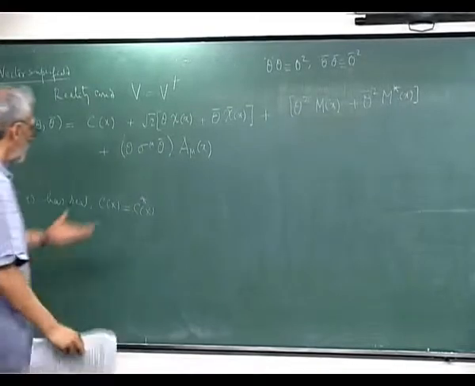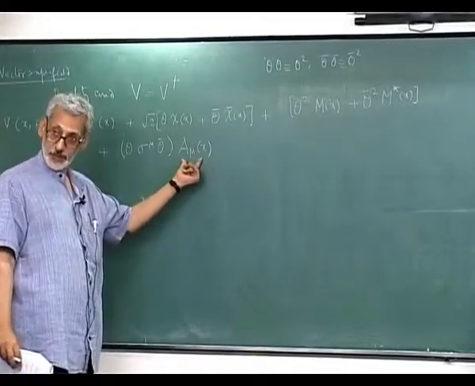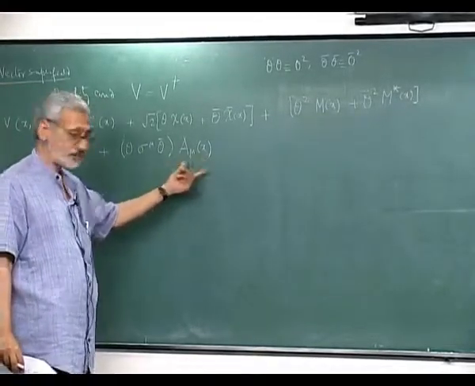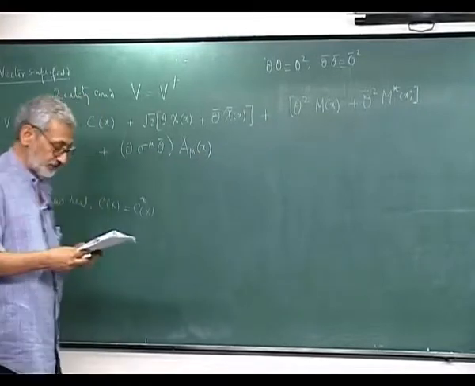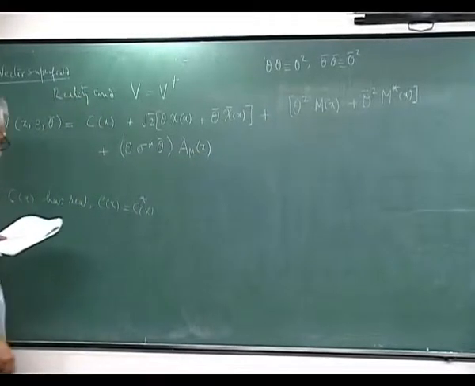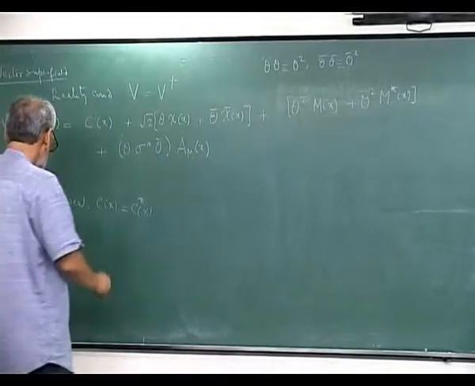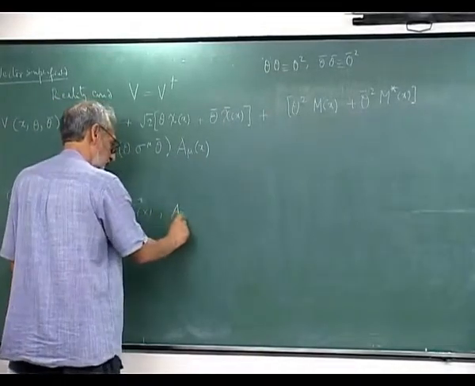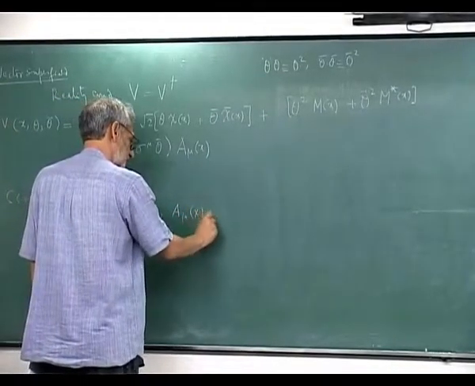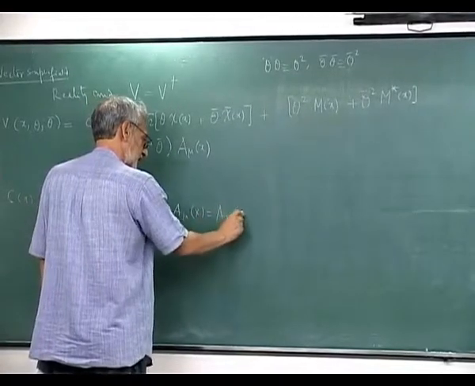So this combination on its own is real. This is because A is real, this is real, so this is real. So A mu of x is the same as A mu of x star.